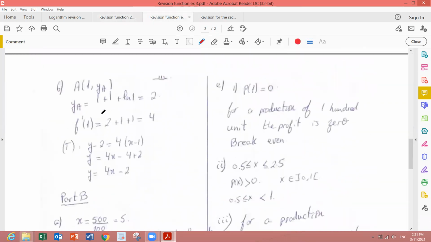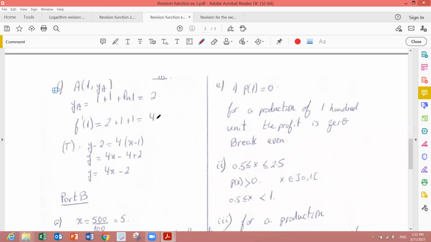So yA, part 6. Point A has abscissa 1, and yA is 1 plus 1 plus ln 1. We get 2. To find the slope, I calculate f prime of 1. F prime of 1 is 2x, which becomes 2, plus 1 plus 1.